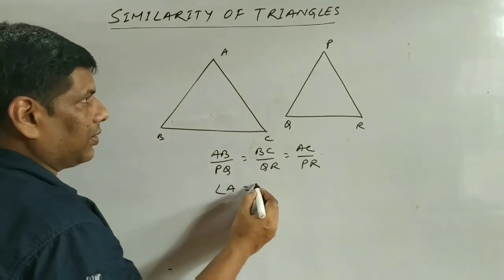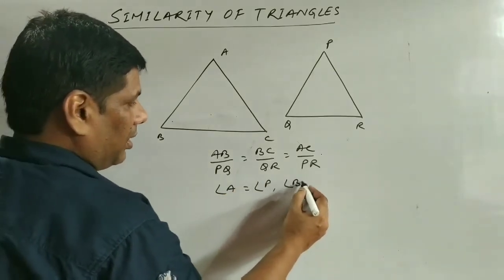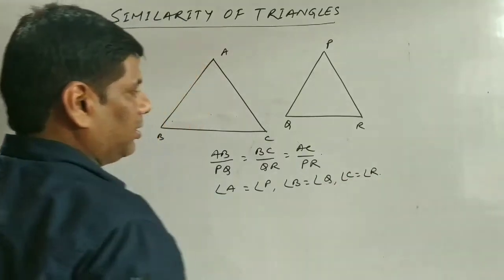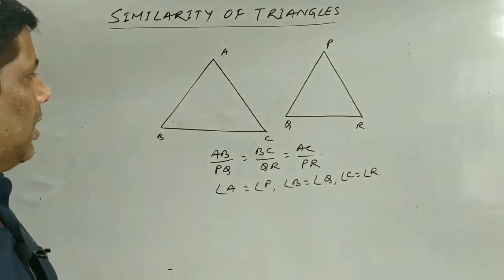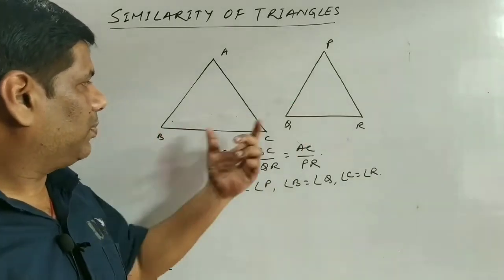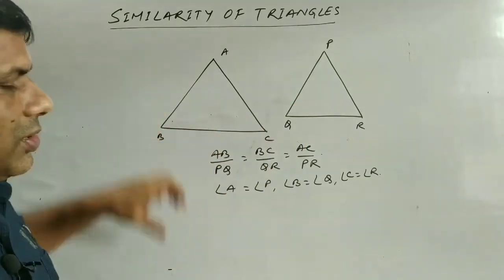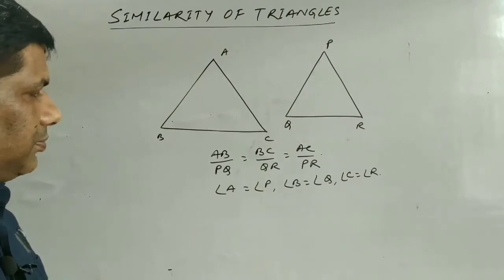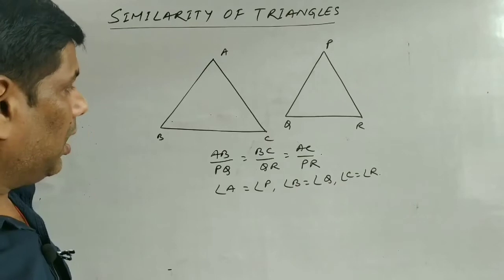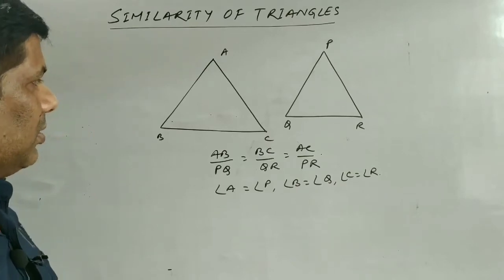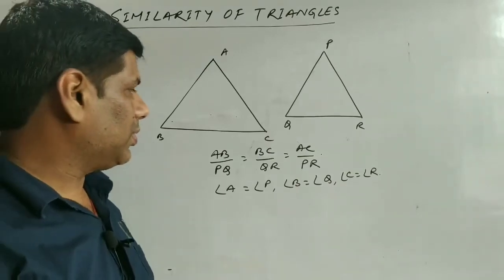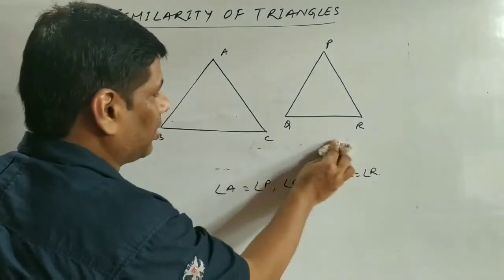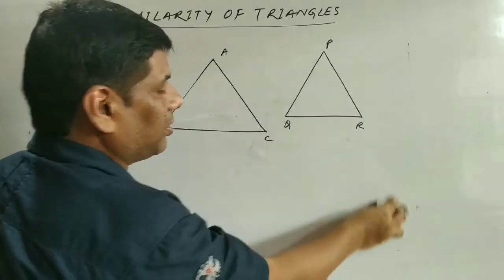Angle A equals angle P, angle B equals angle Q and angle C equals angle R. This is the criteria if two triangles are similar. If two triangles are similar, then the ratio of corresponding sides will be equal and corresponding angles will be equal. But how can we say that the two triangles are similar?